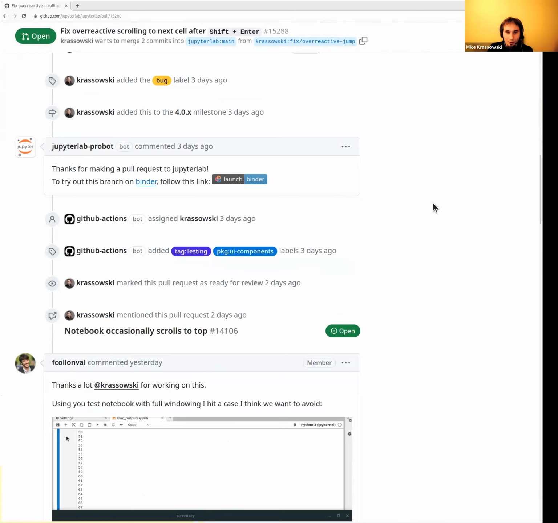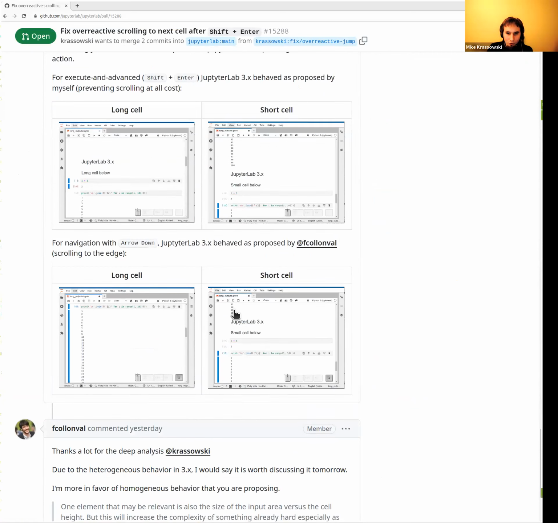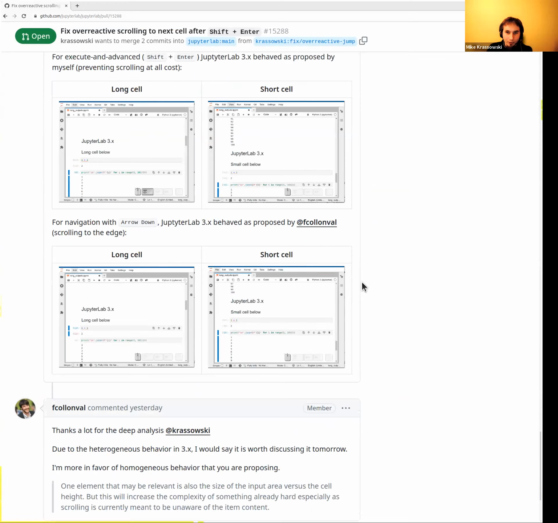So what followed were certain improvements which were added. For example, there is this idea that if a cell is short, so it is smaller than the viewport height, it could be centered when it is being scrolled to using a table of contents.